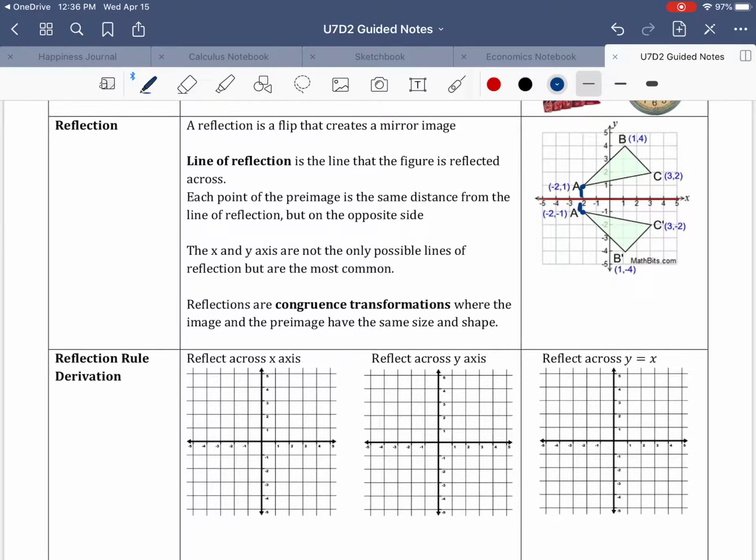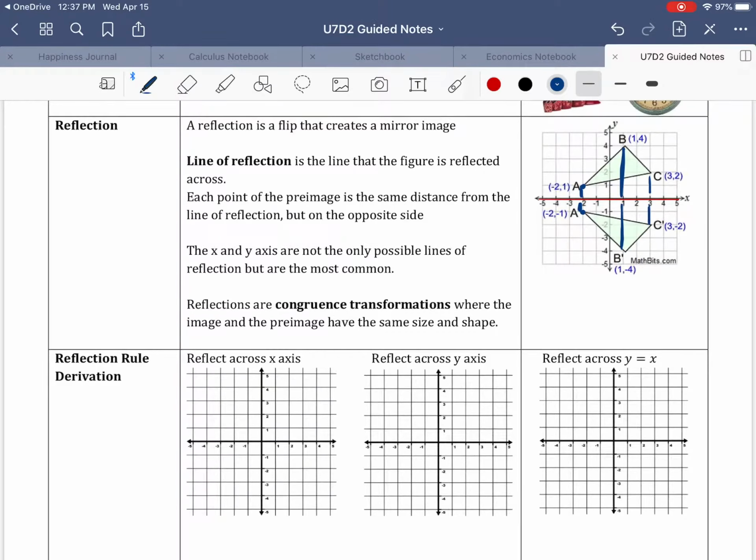If we look at point B, it is 4 units away from the line of reflection, and then B prime is also 4 units away from the line of reflection. And then same with C and C prime. The most common lines of reflection that we're going to be working with are our x and y axis.